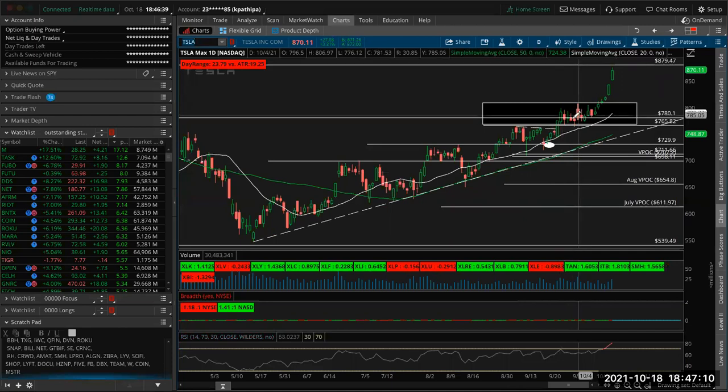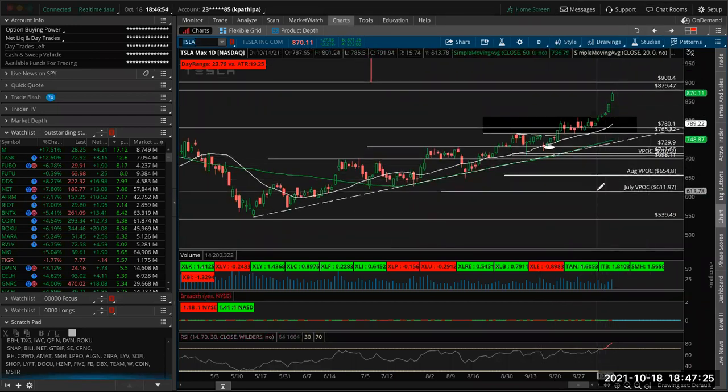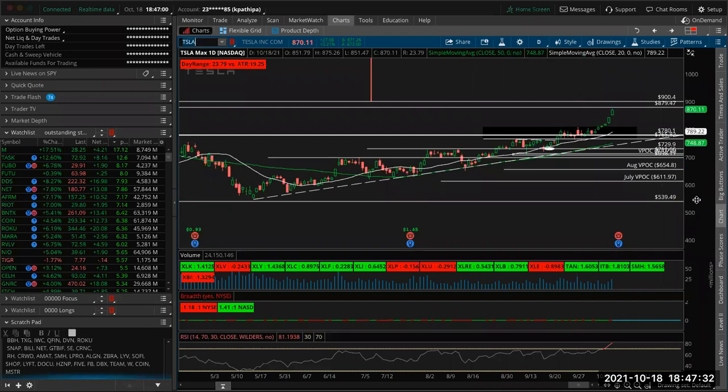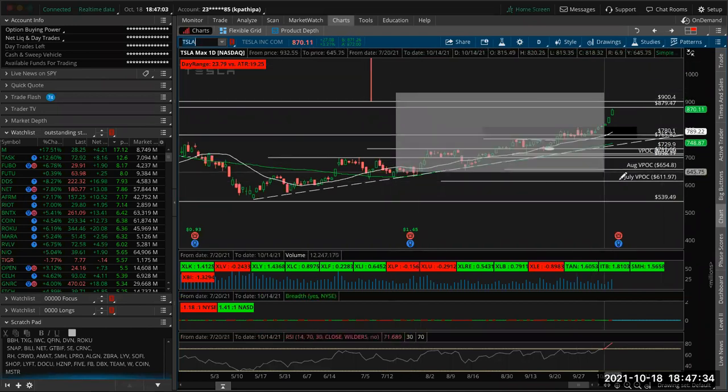At 10.1, this is when the market went down, and what did Tesla do? It moved sideways. And I've been saying that when you see this kind of consolidation while the market is going down, this is going to go much higher. There is a reason why they are buying this. I'm sure we don't know, because we don't have the resources to do the research or all the information.